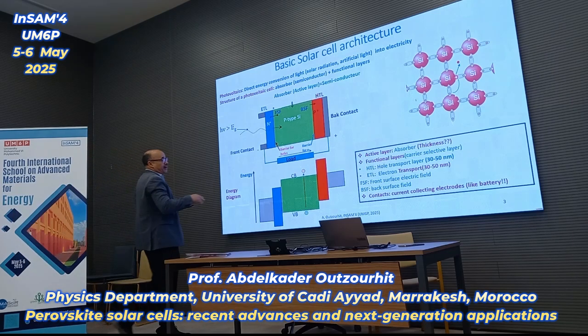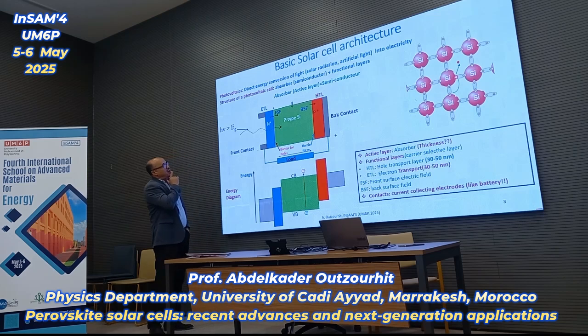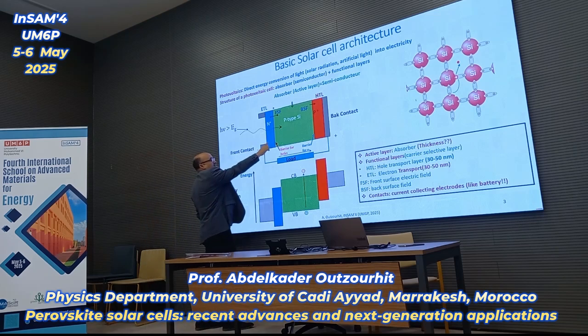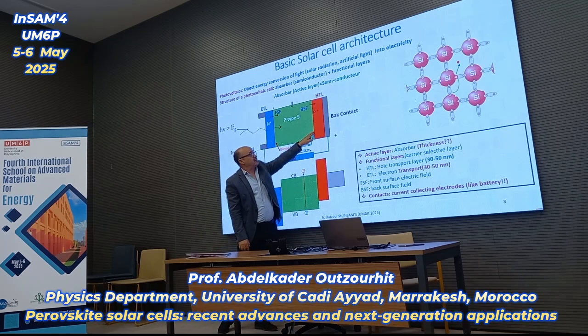Another thing here: if you want this separation to happen, you should have an electric field here that allows only electrons to go through. So the electric field should be directed this way, so the electrons are attracted to the inside. And at this interface, there should be another electric field that goes this way, so that only the holes can go through and the electrons are repelled back.